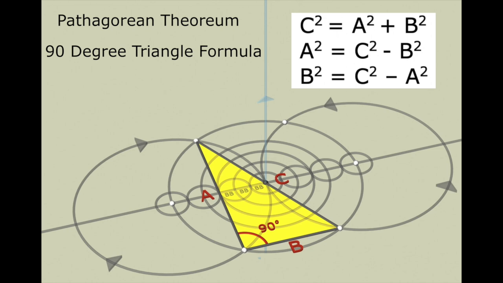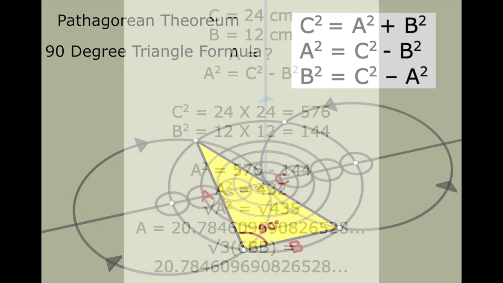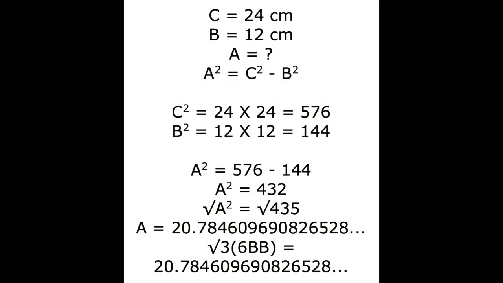Pictured here is all the different orders of the arrangement to find the side that is unknown. We want to find the A side, so we will use A squared equals C squared minus B squared. Multiply C and B times themselves, and then subtract B squared from C squared. Take the square root of that number, and you now know the A side.